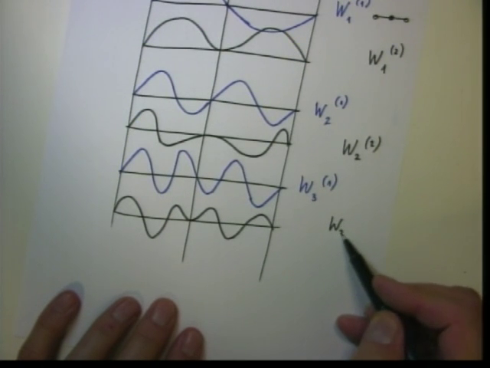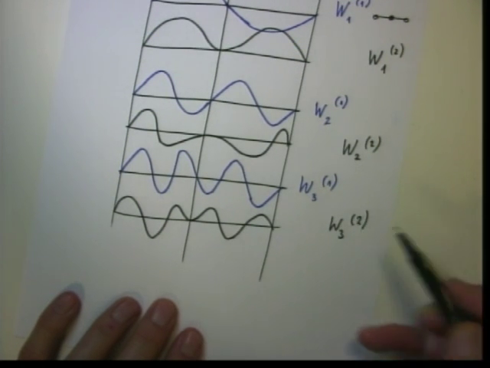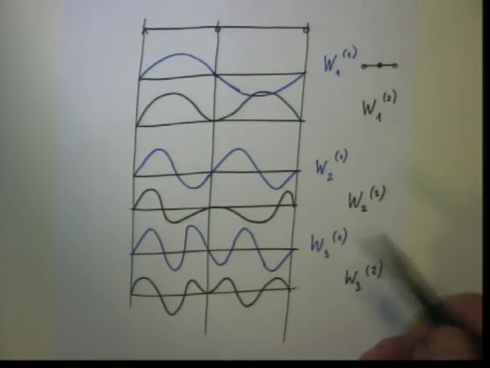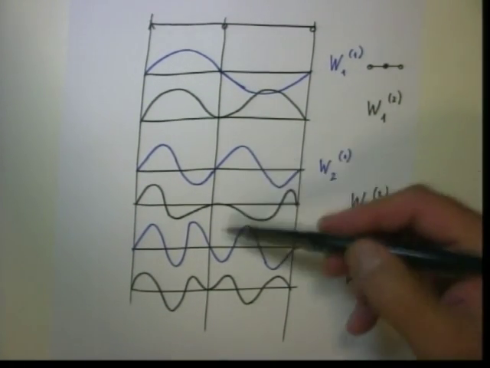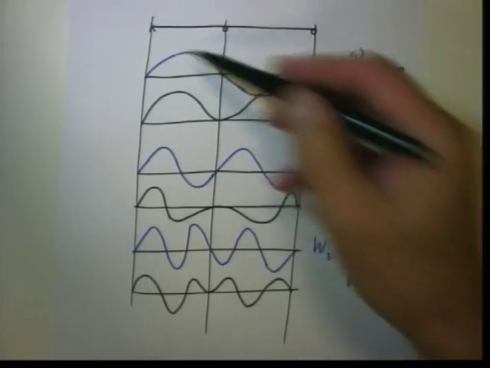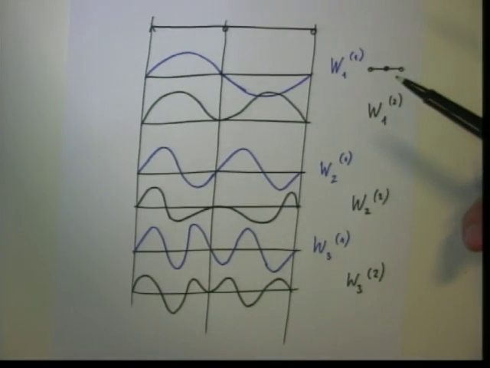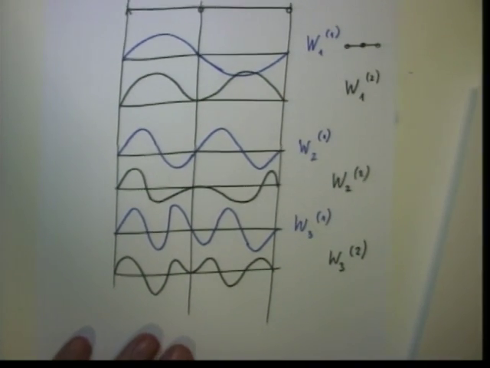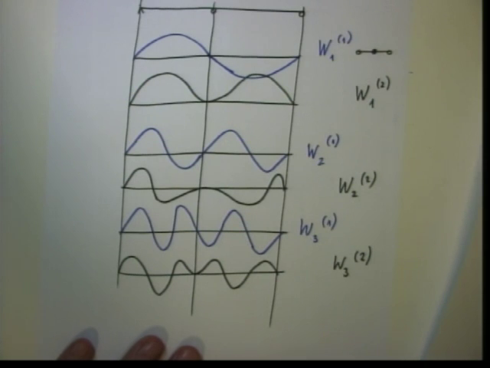Okay, W3 in the second series. Okay, so that is how the system behaves, and all of these modes belong to this two-span beam. Now let us see what happens when we have a two-span clamped beam.